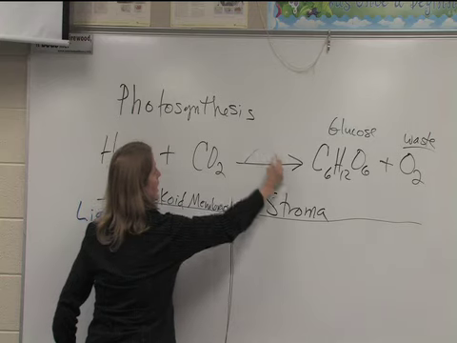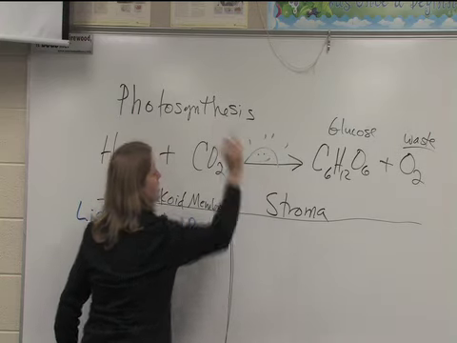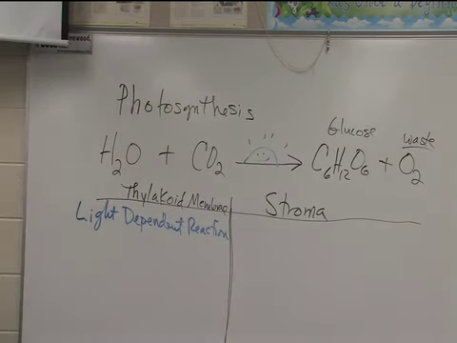It needs sunlight, and I'm going to put that above the arrow, along with all kinds of enzymes catalyzing reactions for all of these. The sun's energy to drive the light-dependent reactions.